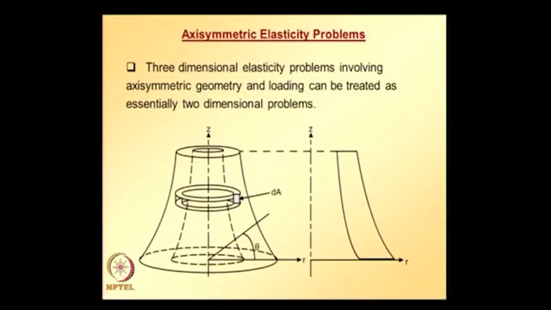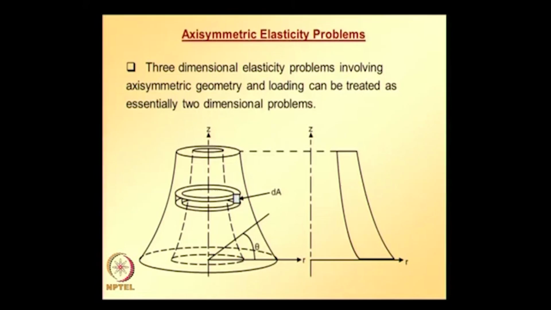So basically, 3-dimensional elasticity problems involving axisymmetric geometry and loading, as shown in the figure here. A typical situation with the z axis as the axis of revolution is illustrated in the figure.